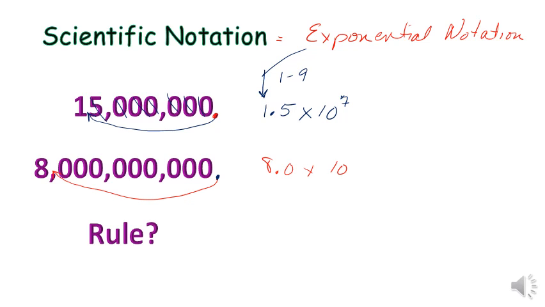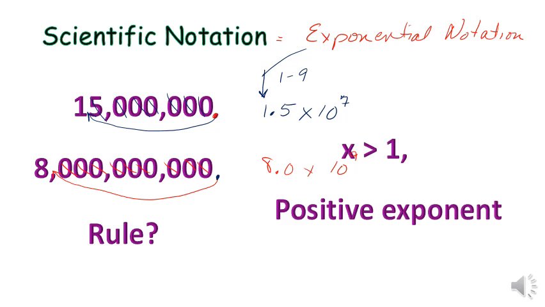Now we count: 1, 2, 3, 4, 5, 6, 7, 8, 9, times 10 to the 9th. So our basic rule is, if x, which in this case would have been the 15, is greater than 1, we're going to be using a positive exponent.